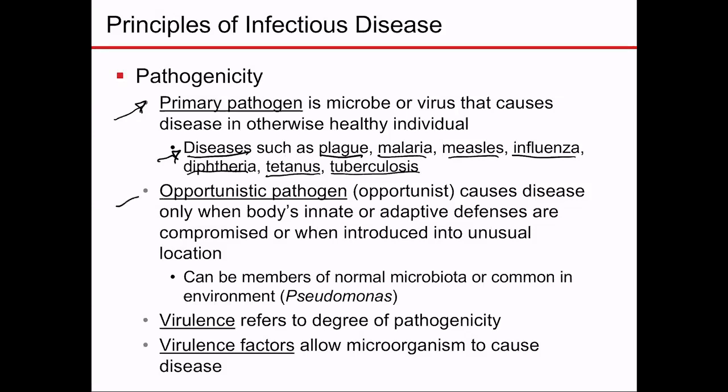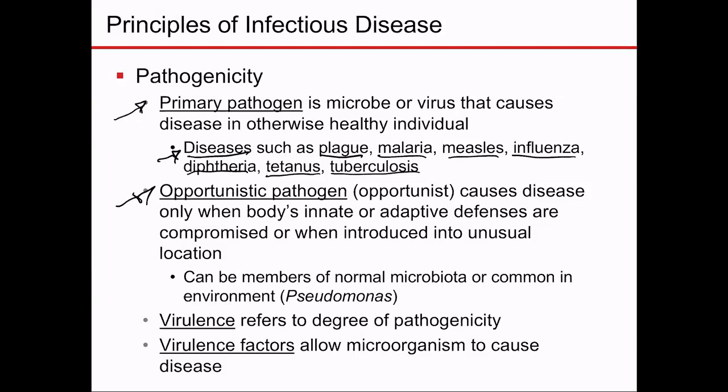On the other hand, an opportunistic pathogen is a pathogen that usually will do no harm to a person that is immunocompetent, whose immune system is working properly. Now, if by any chance the defenses of a person are compromised, that person is immunocompromised.